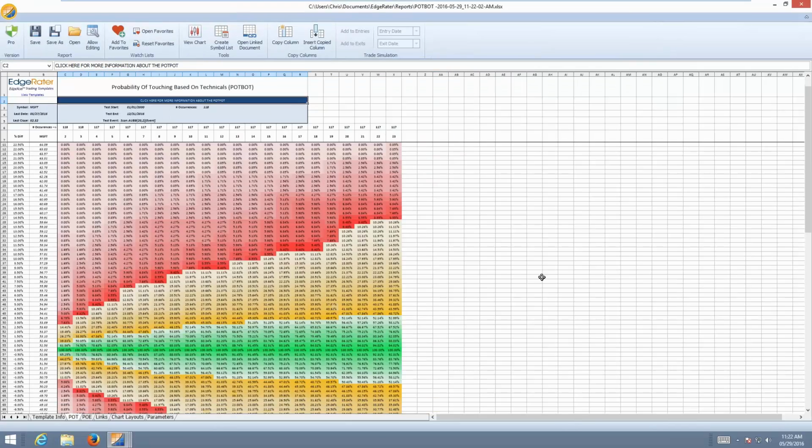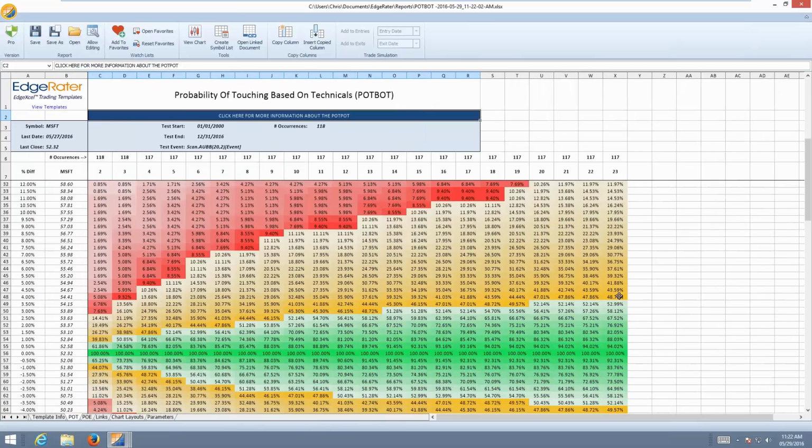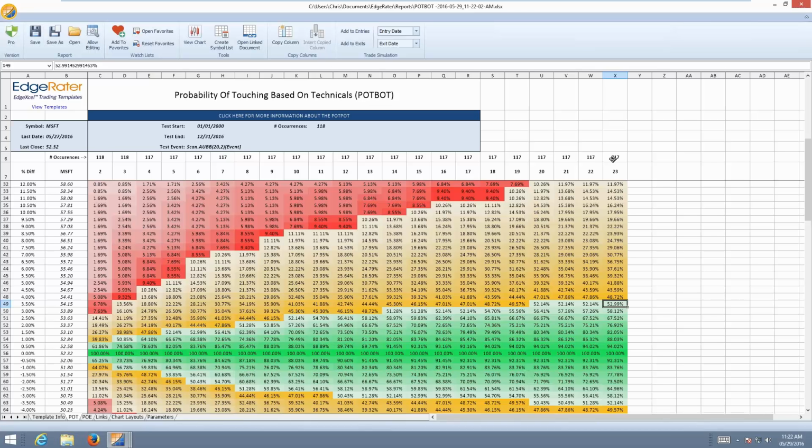Okay, so now let's look over at the 23-day column, and we'll look at the 54 level. Closest to 54 is about 54.15 up here, at plus 3.5%. And we're looking at a 53%. So in history, out of 117 occurrences, 53% of the time, price touched that level.